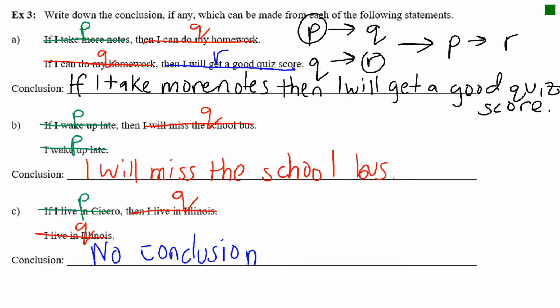Remember that with a conditional statement, what I'm telling you is that if P happens, Q follows. If P does happen, then what follows will be Q. But if Q happens, that doesn't necessarily mean that P will follow, so it doesn't work in reverse.